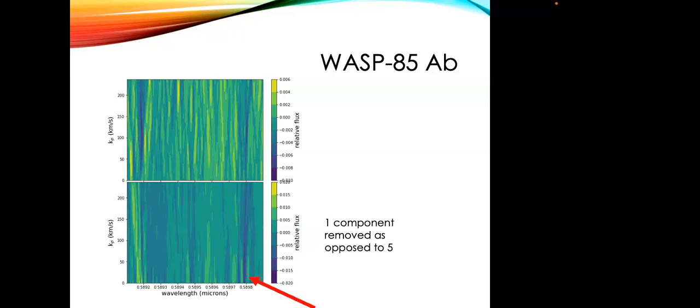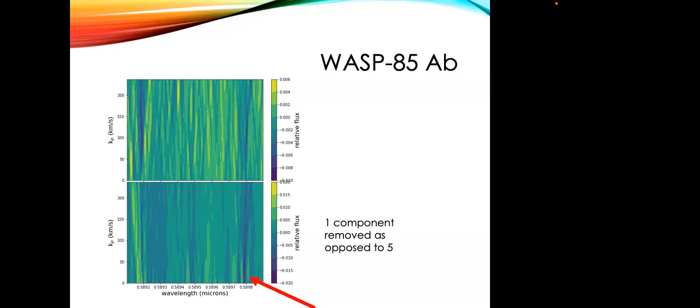Slightly fancier than that, but approximately that. If you only subtract a median once, 1 component removed, you get the plot on the bottom. And we see, it's harder to tell because it's not quite a V shape, but there is that signal that peaks at Kp equals 0. And, sorry, we don't have the wavelength coverage, but it is slightly in the V shape. So there is stellar contamination, but it looks like we've done a pretty good job of removing it.